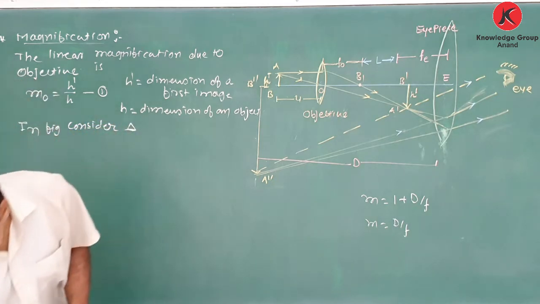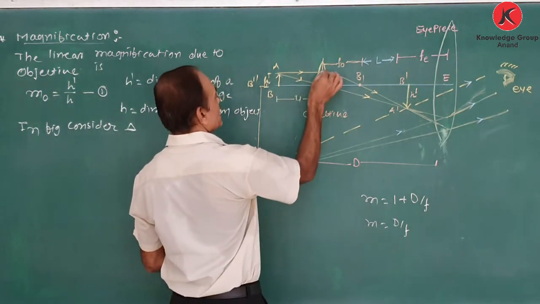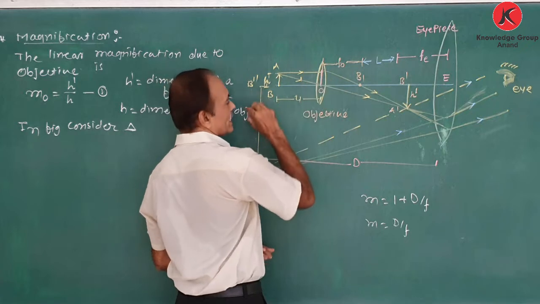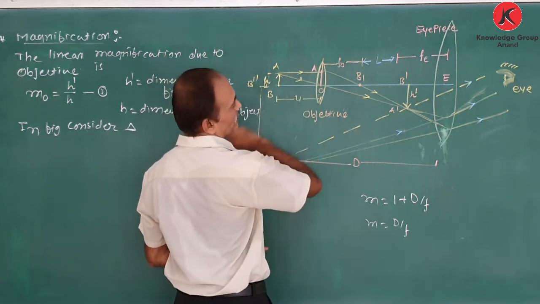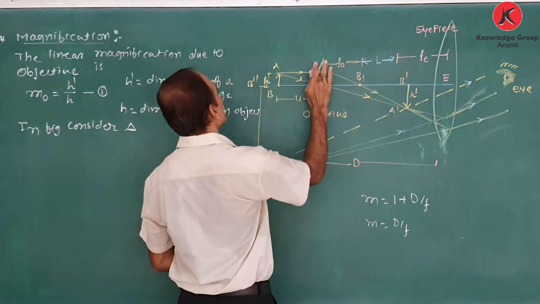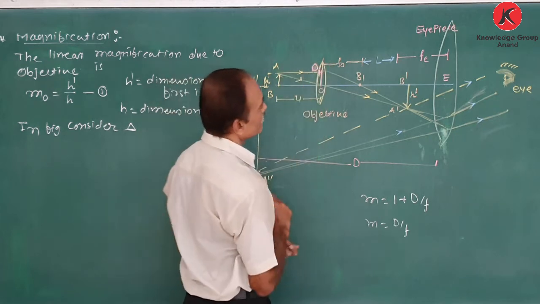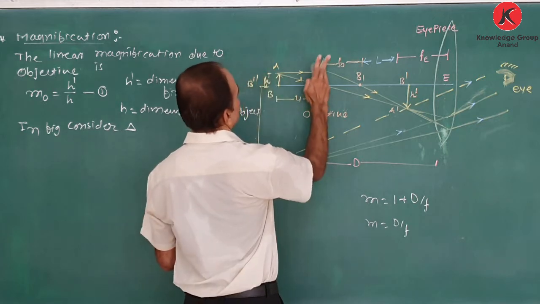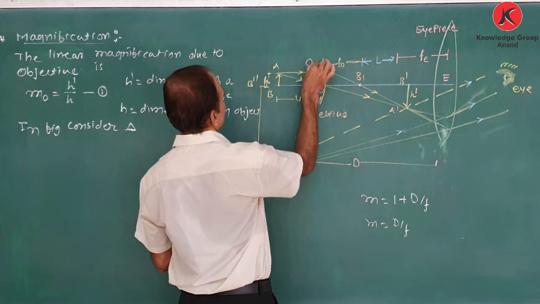Now for that purpose, keep in mind that here this distance is also AB. Here we take a point, suppose O1. So the name of this point is O1.